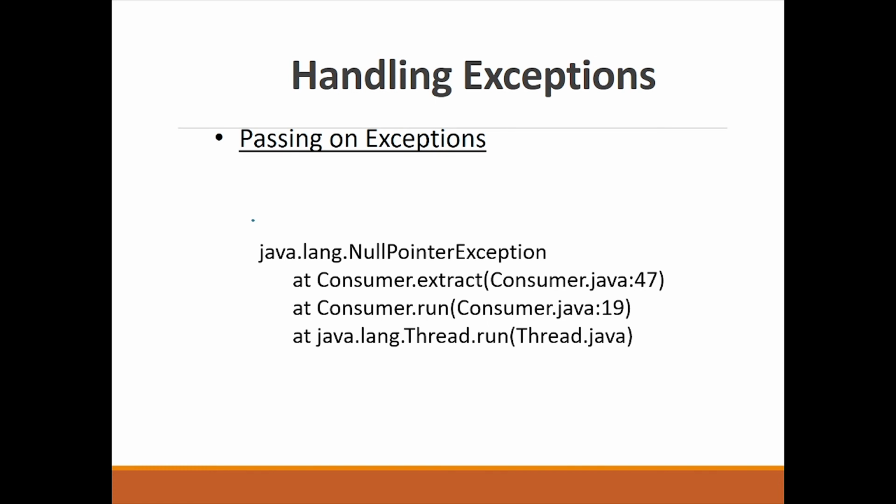That is a sign that an exception has been caught and is now passed to the user, to see the area where the exception has occurred. As you can see here in the example, we have a null pointer exception on lines 47 and 19. That is an example of how exceptions are passed.